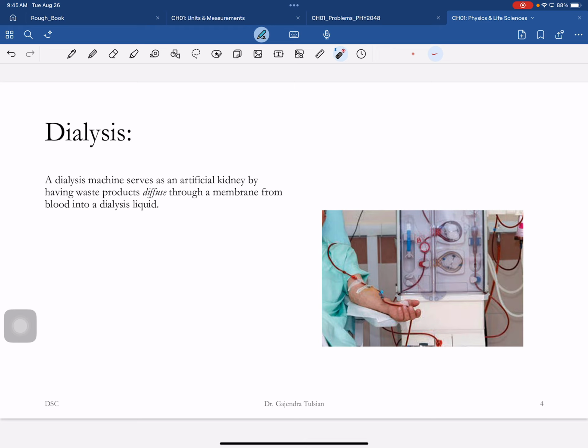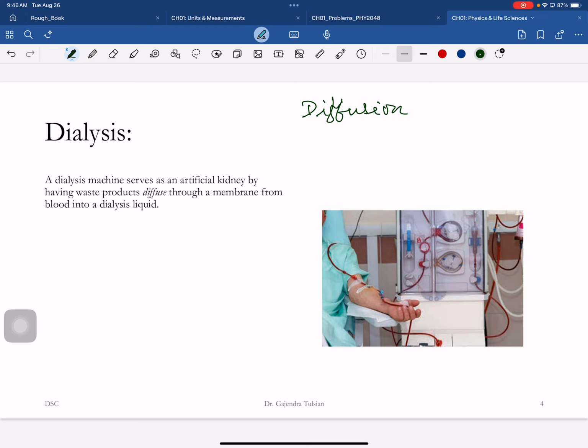Let's talk about this a second. To understand how this dialysis machine works, and we'll talk about this process in a little bit, you want to know what diffusion is.